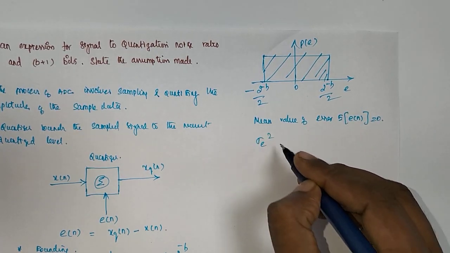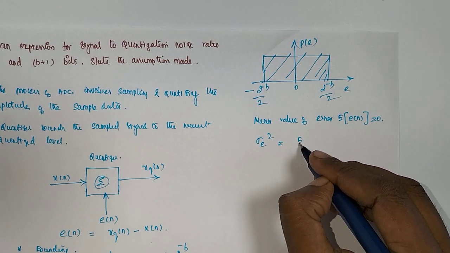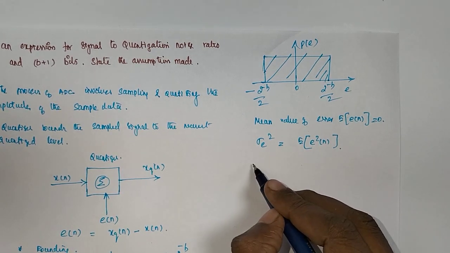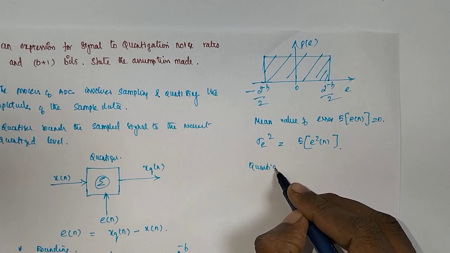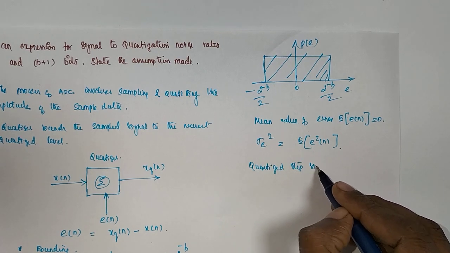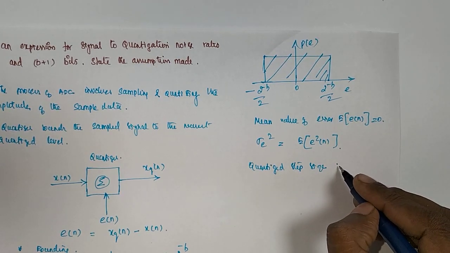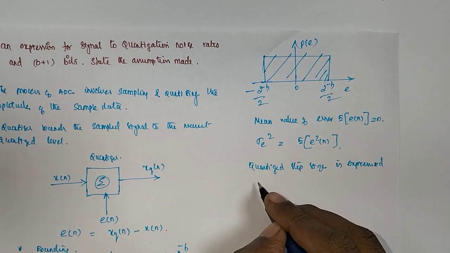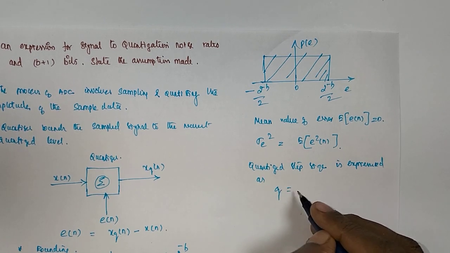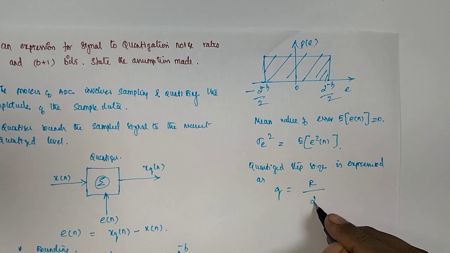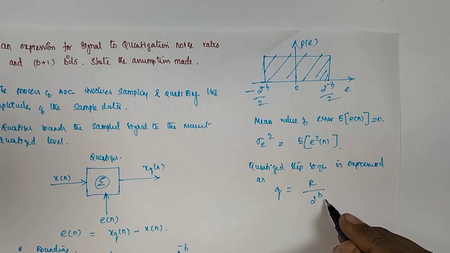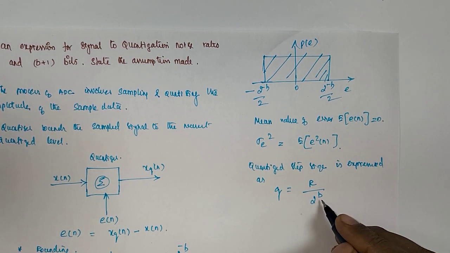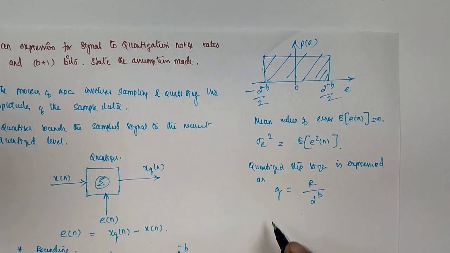So the variance is equal to E of e square of n, and the quantization step size is expressed as Q is equal to the range divided by 2 power b. Here b represents the binary bits excluding the sign bit.